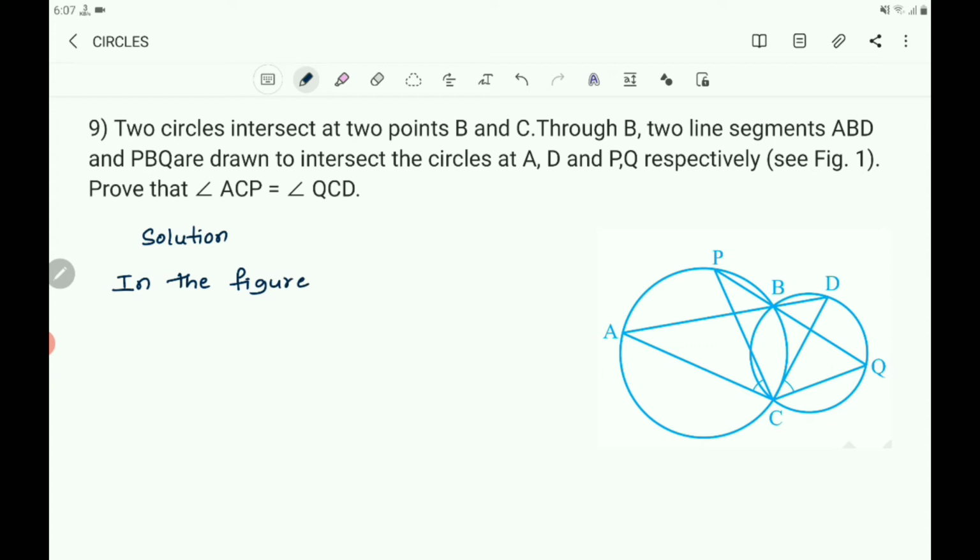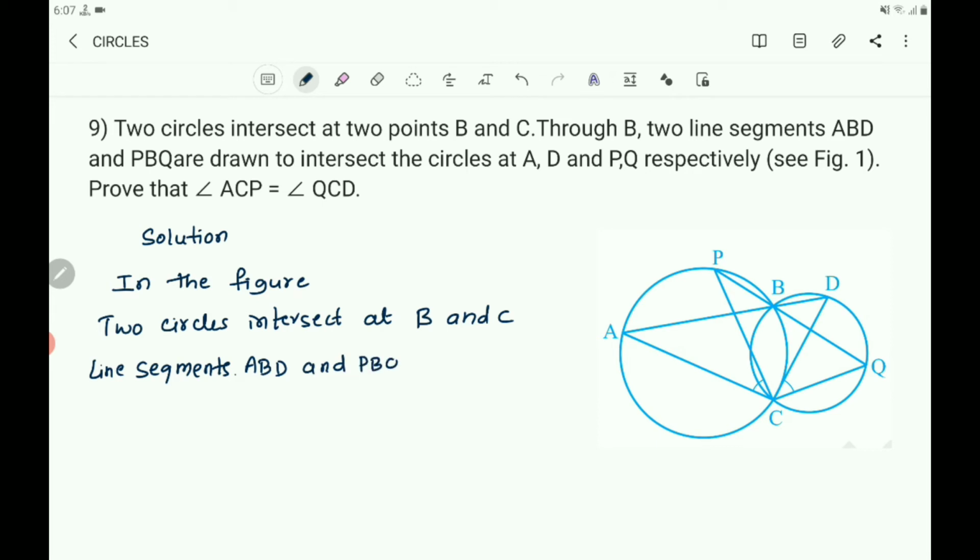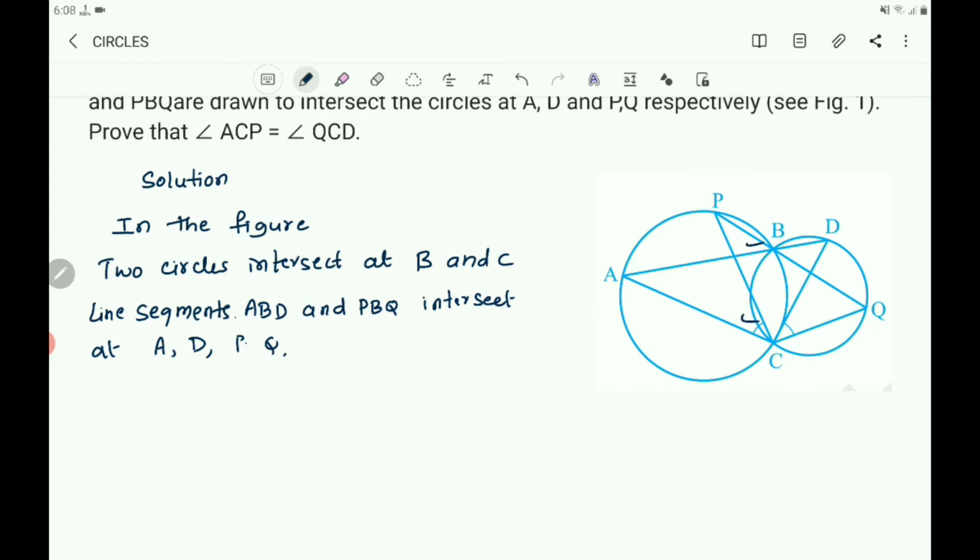In the figure, two circles intersect at two points B and C. ABD and PBQ line segments intersect at A, D, P, Q.